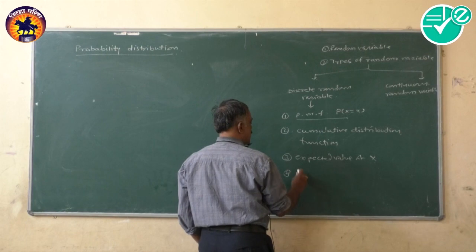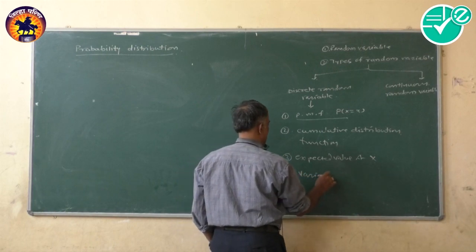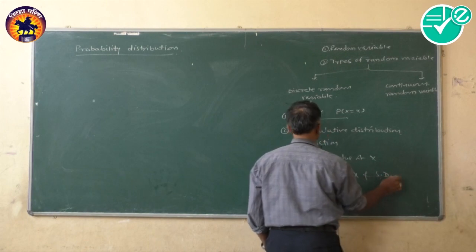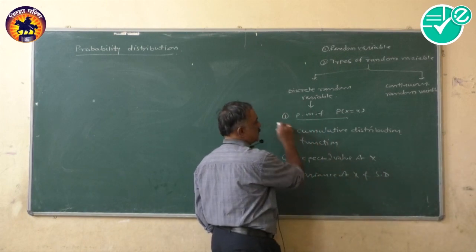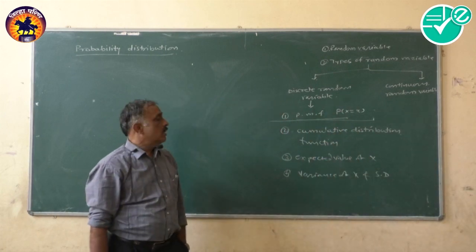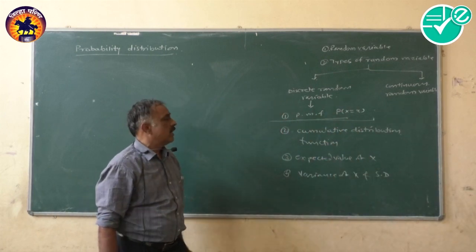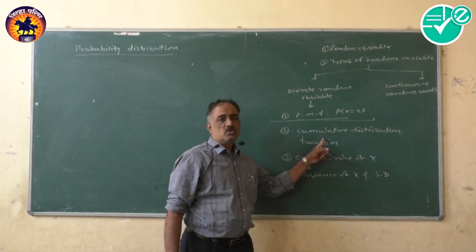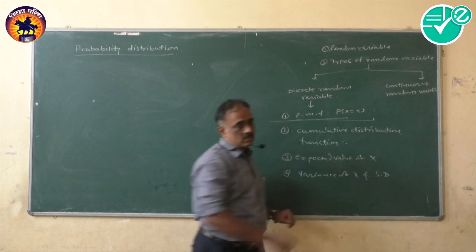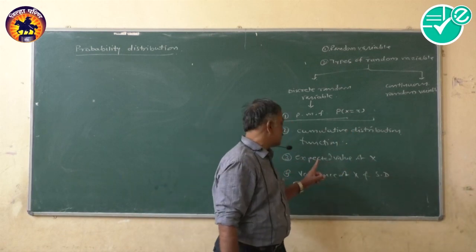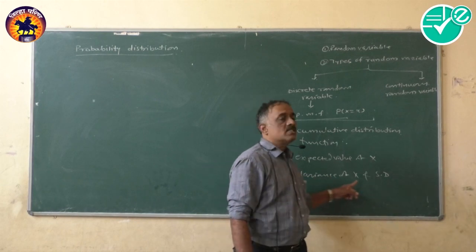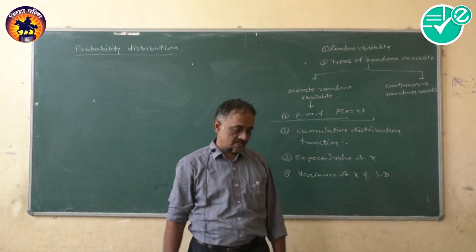And fourth, variance of x and standard deviation. Last period we completed up to the probability mass function. Now in this period I am going to explain what is a cumulative distribution function. We'll explain by using one or two examples as well. Then we'll discuss what is the expected value of a random variable x, and then variance of x and standard deviation of x.